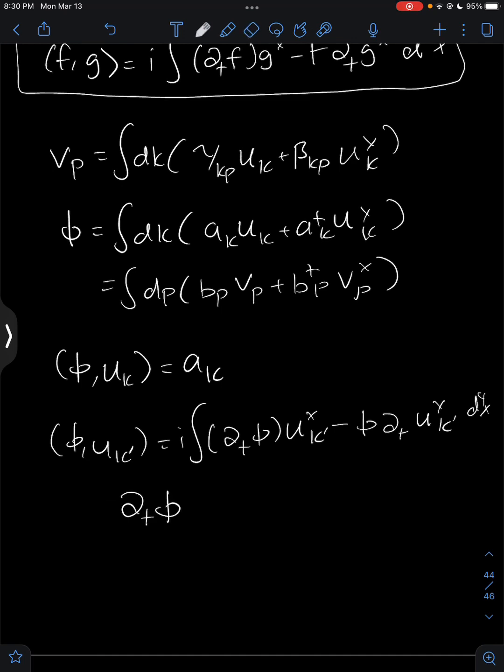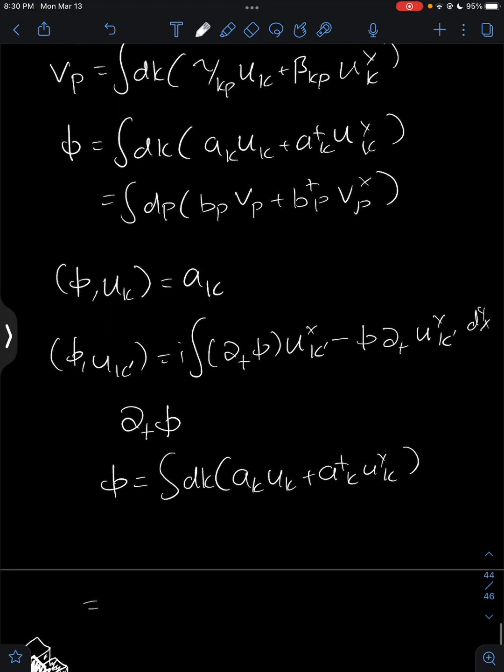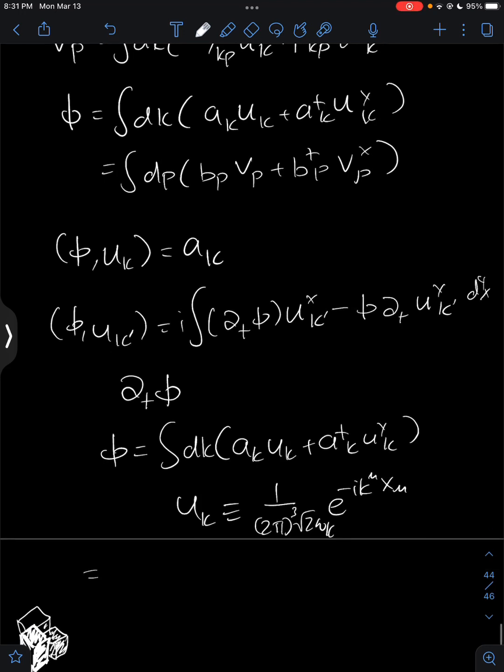Well, we know that phi is just going to be the superposition of our plane waves. And for context, u_k is defined as 1 over the square root of (2π)^3 2ω_k, and then e^(-i k_μ x^μ). It's just a shorthand way of writing that.